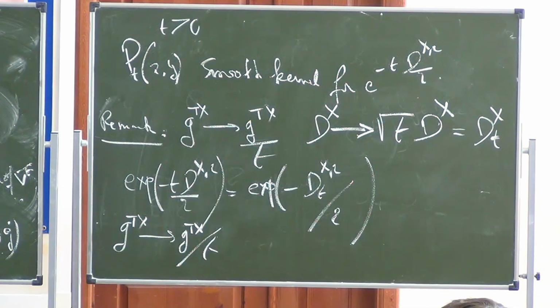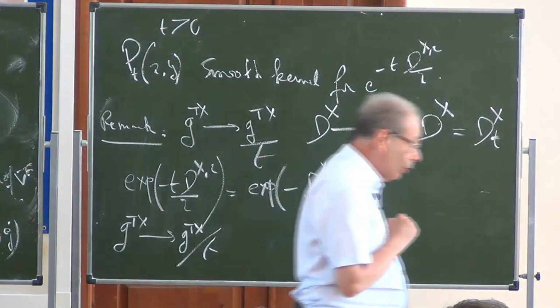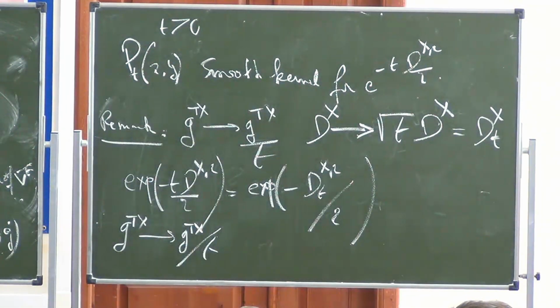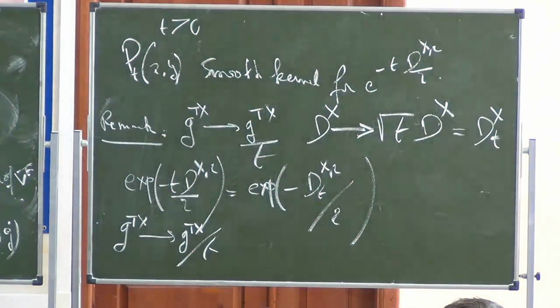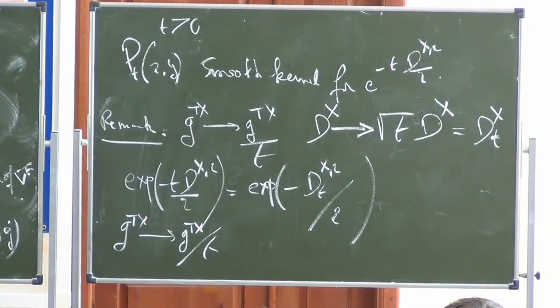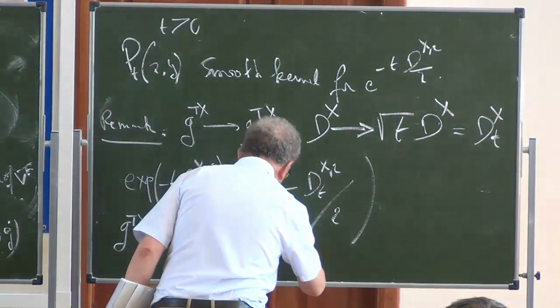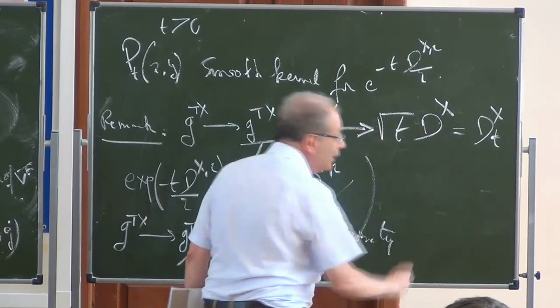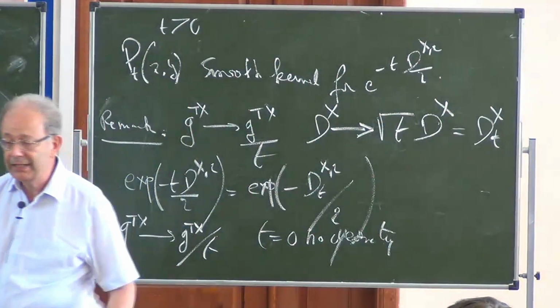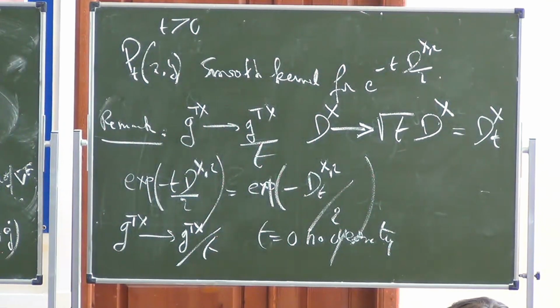So heat does not propagate anymore. Think physically: if the metric between yourselves gets extremely big, in the end you cannot communicate anymore, you are at infinite distance. So from a geometric point of view, there is no geometry corresponding to t equals 0. As a metric space, there is no space corresponding to t equals 0.